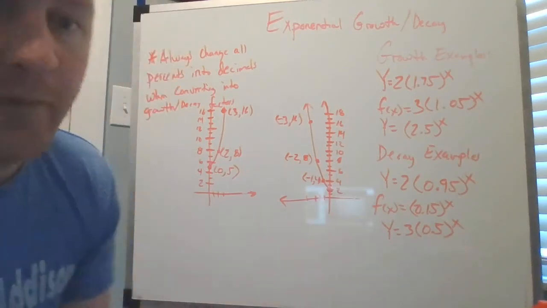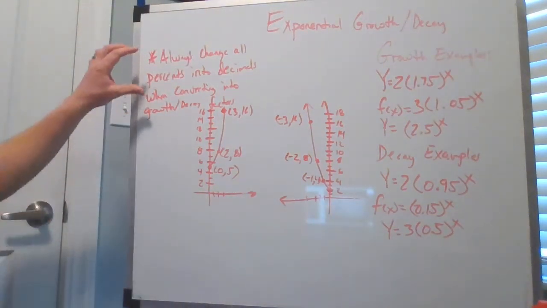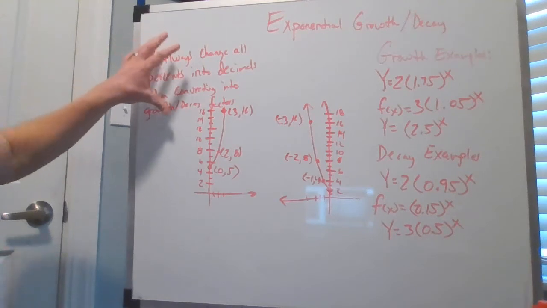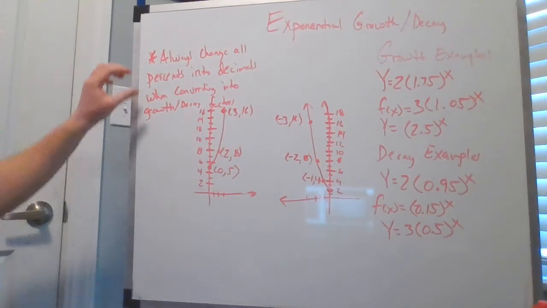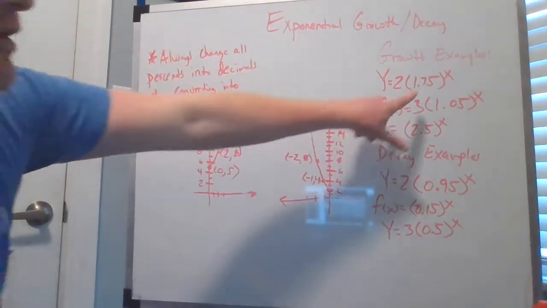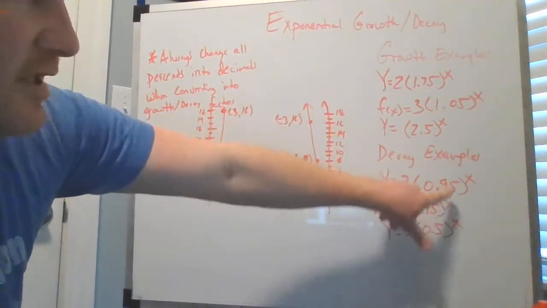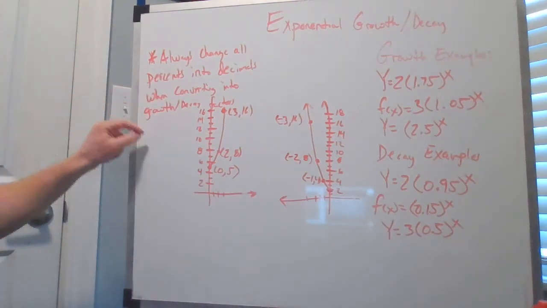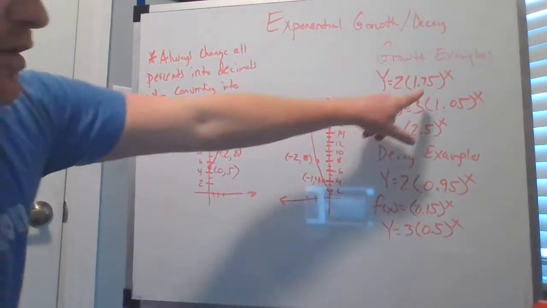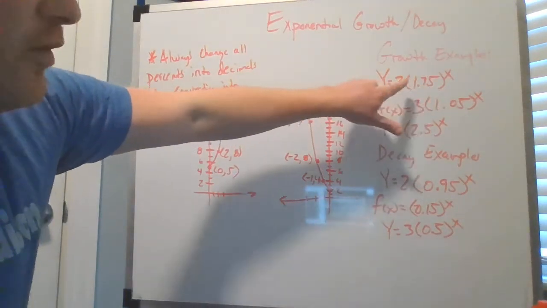Hello again. All right, here we go. One more thing before I forget: we'll get into this during class, and then I'll have a whole separate lesson about percentages, just so this makes sense. You've got to know that these are all percentages that were changed into decimals, because you always change percentages to decimals when converting into growth or decay factors. For instance, forget the 1 right now.